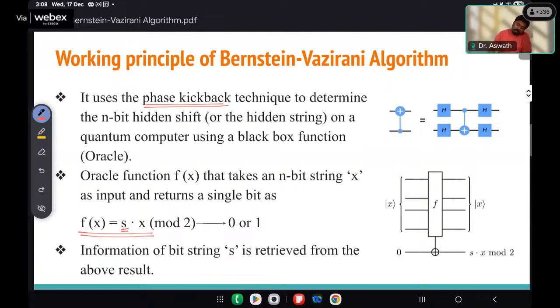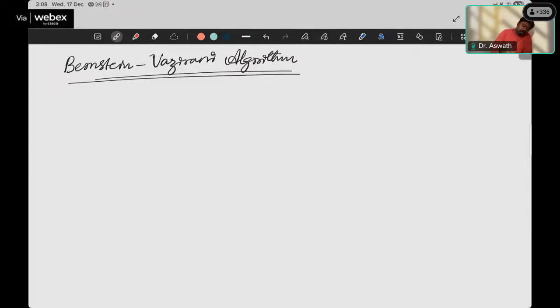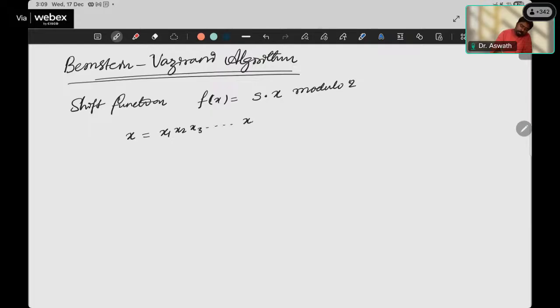What I mean is, f of x is s dot x modulo 2. Let's say you substitute some x value, x1, x2, x3 and so on up to xn, a string.